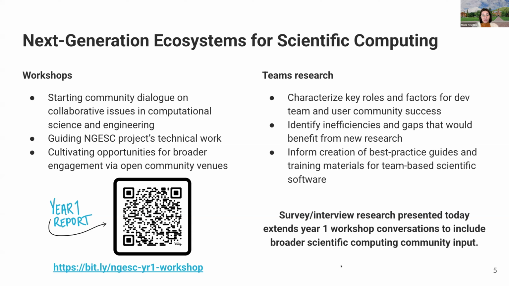Ultimately, our goal is to contribute to the development and customization of best practices guides and training materials for these teams and communities. As a first step, we focused our efforts on identifying and specifying the challenges and opportunities that exist for team-based scientific software, including cross-disciplinary collaboration and AI for science, which leads us to the research I'm presenting today.